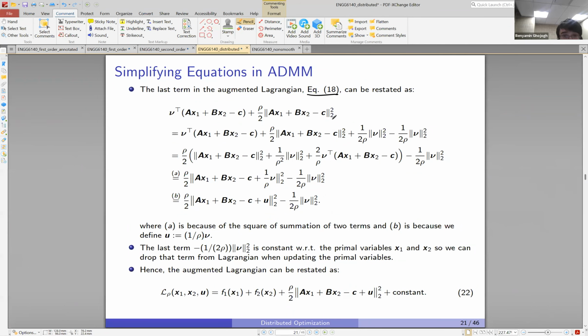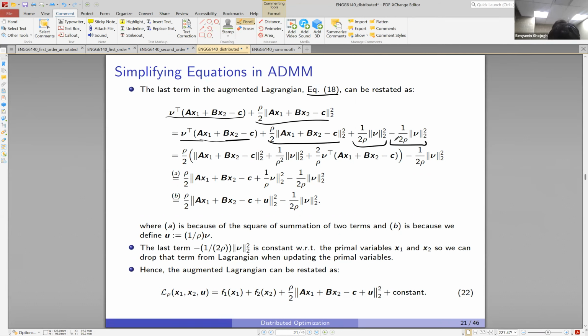I'm repeating them here, not doing anything complicated, but adding something and subtracting that same thing again. These two cancel each other, but they can be used for simplification of this term.